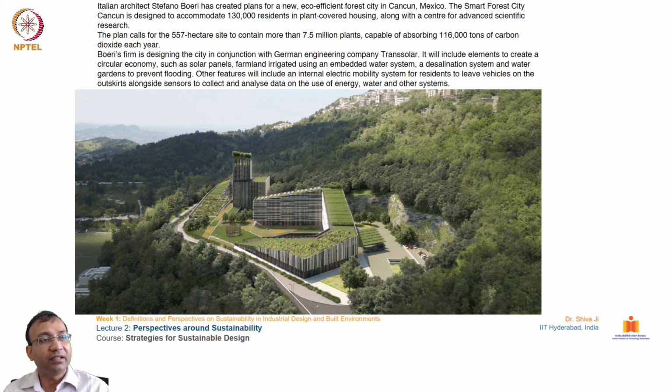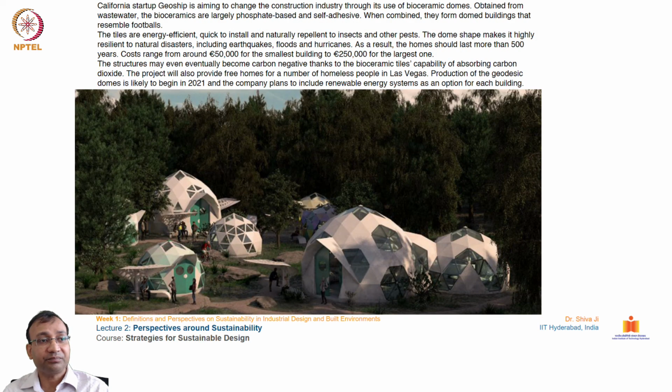So you can see this terrace gardening, and fins on the surface of the building, and the strategic orientation and form of the building is such that it allows light, heat, and visibility to the outside.